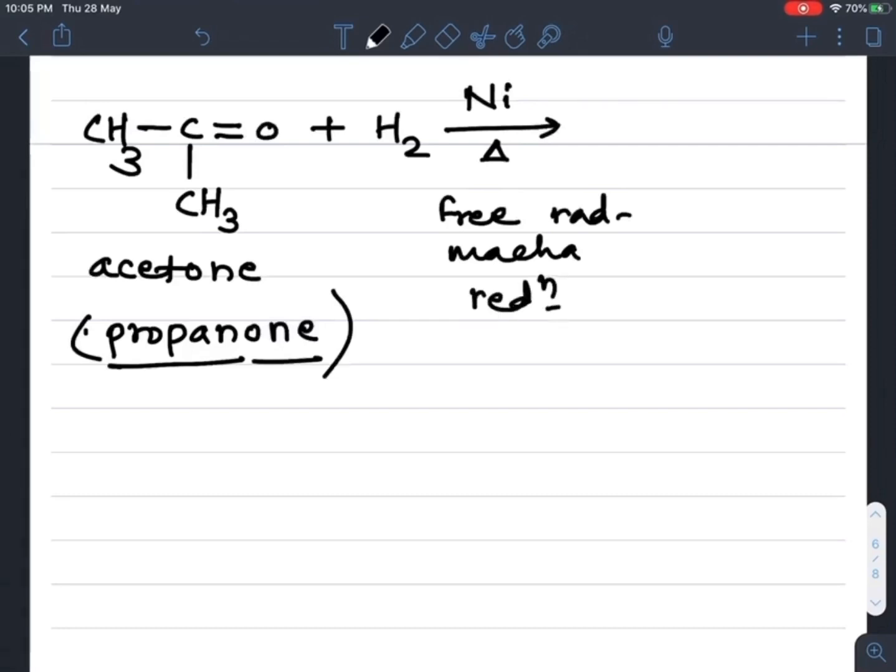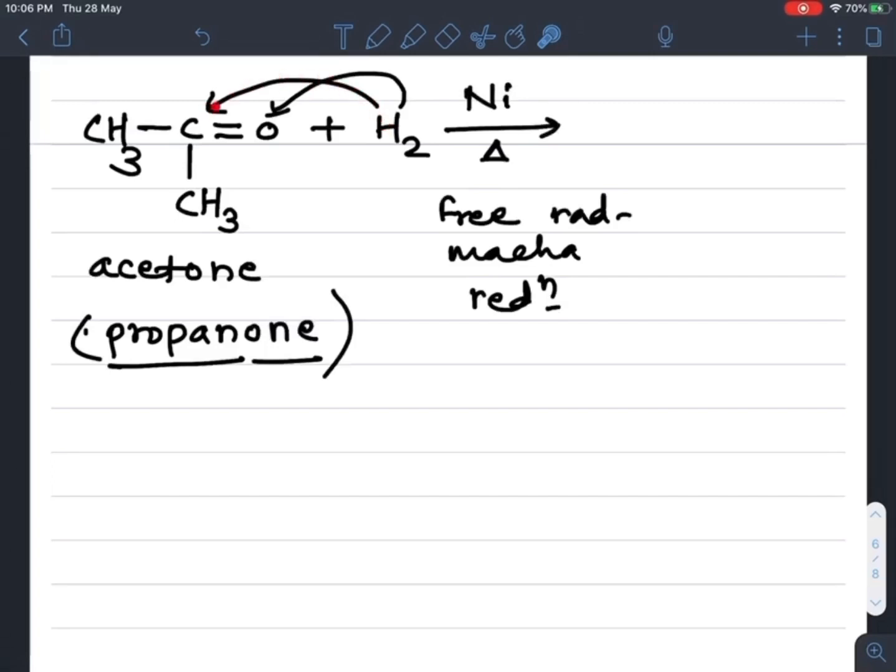So what happens? One hydrogen is added to carbon and one hydrogen is added to this carbonyl oxygen. The carbonyl group is nothing but this CO group. This is the carbonyl carbon, this is the carbonyl oxygen. So reduction means addition of hydrogen.